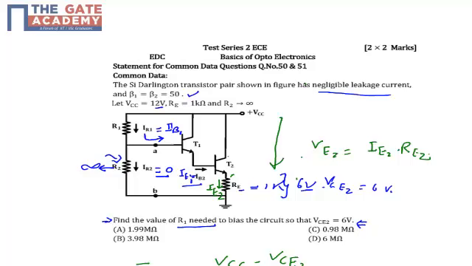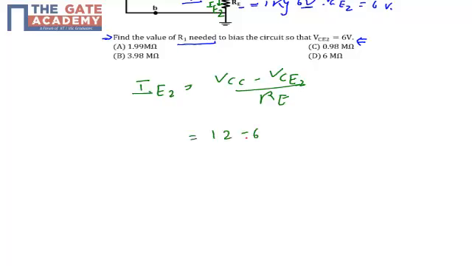So my IE2 will be equal to 12 minus 6 by 1 into 10 raised to power 3, which is 6 milliamp. My IE2 is 6 milliamp.